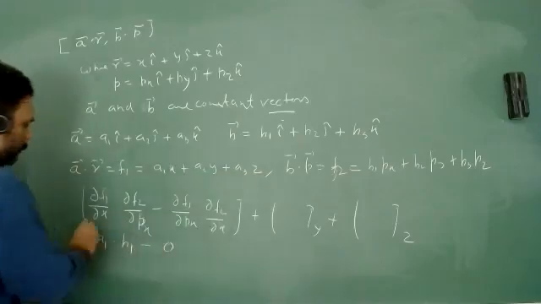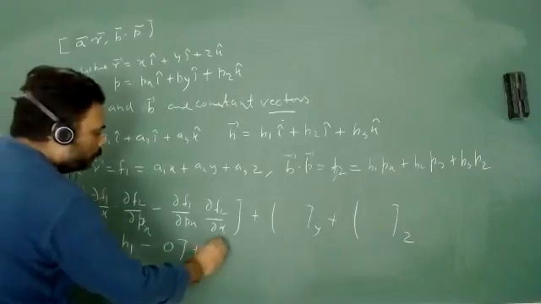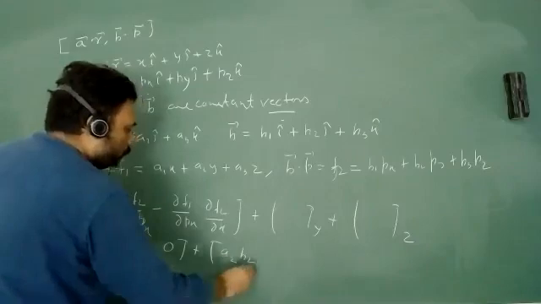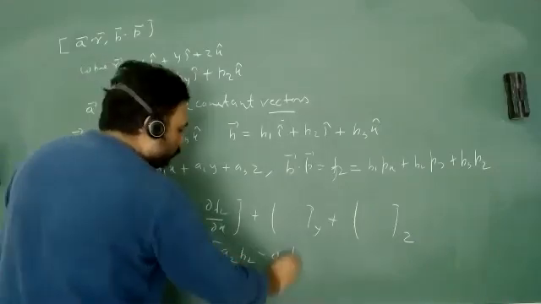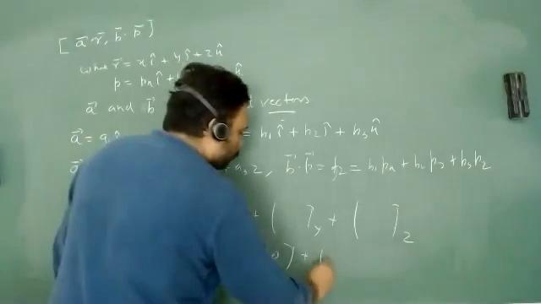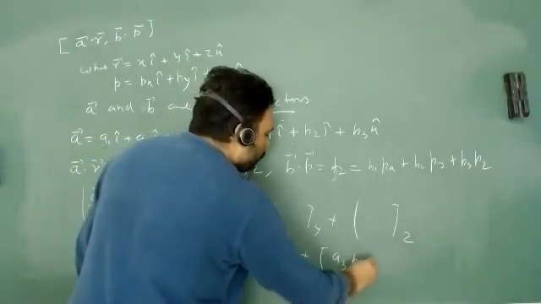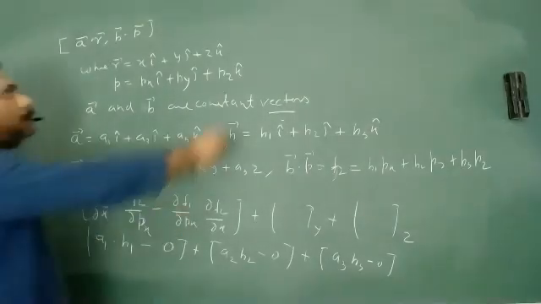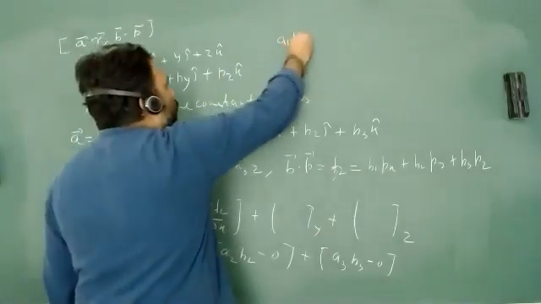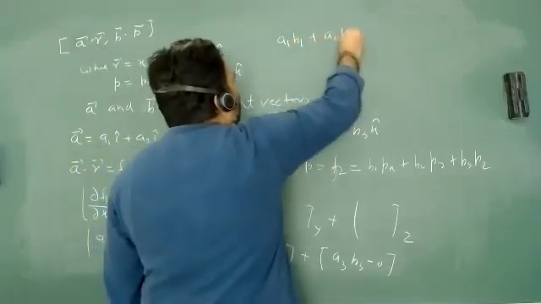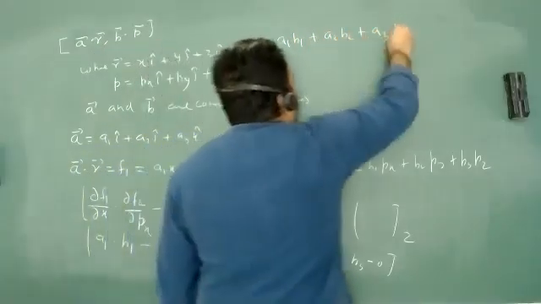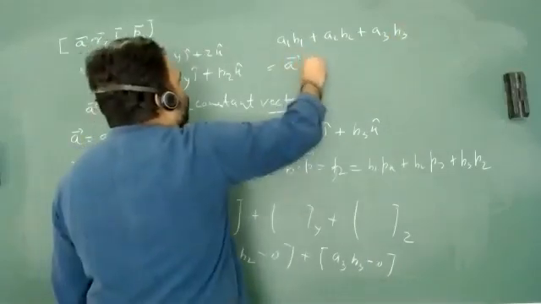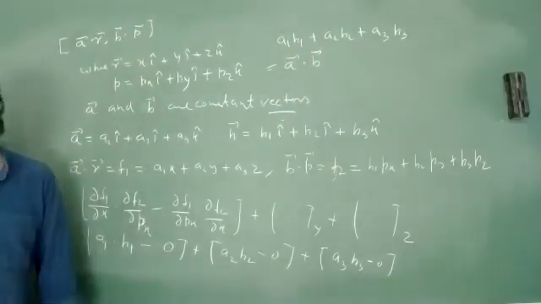This is for x. For y it is a2 b2 minus 0, and third we have a3 b3 minus 0. So we get a1 b1 plus a2 b2 plus a3 b3, and this value is equal to a dot b.